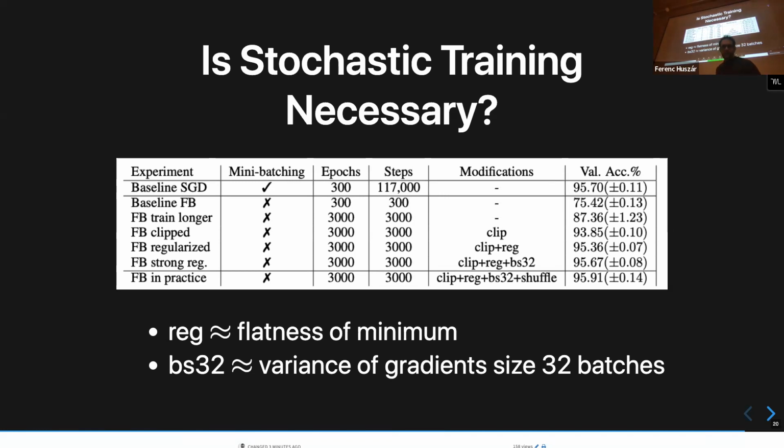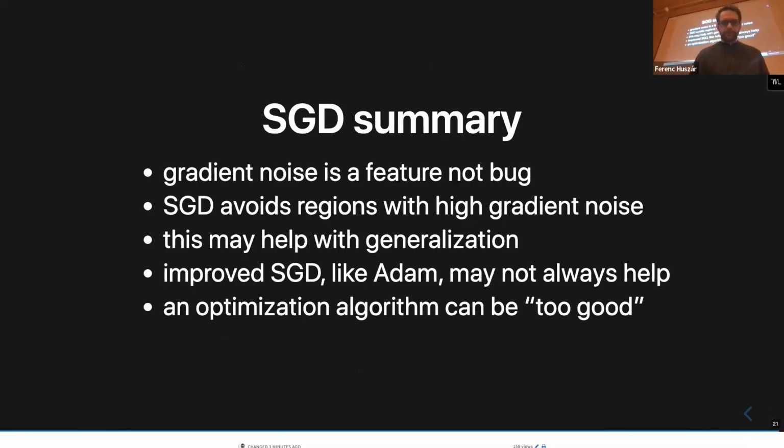They probably introduced them one by one, and their goal was to get to the point where they can say: is it possible or not to match the performance of baseline SGD with full batch? And the answer is kind of yes, we managed to find one way that matches it.